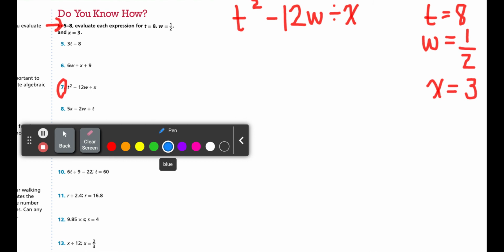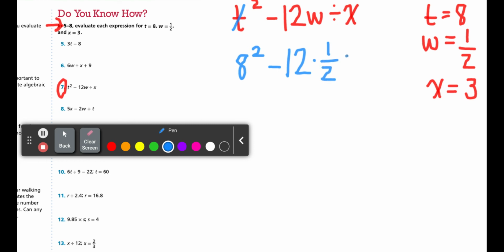So now let's plug it in. Anywhere I see t, I'm going to write 8. So instead of writing t, now I'm writing 8 and bring down the rest of the problem. 8 squared minus 12w. What does that mean when there's a coefficient and a variable right next to each other? That means that we're going to be multiplying times 1/2.